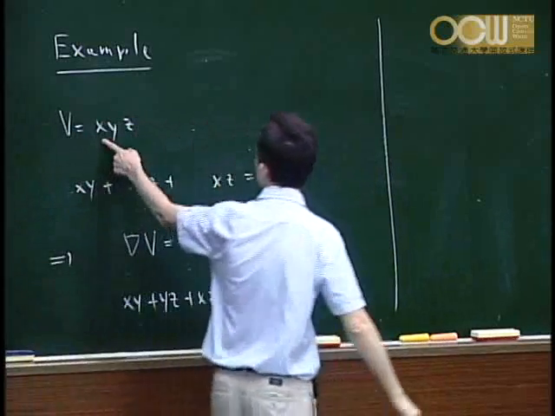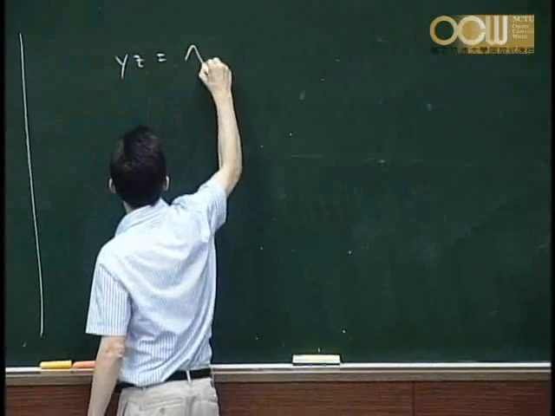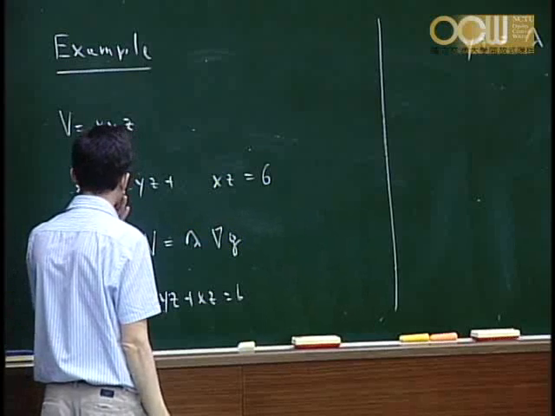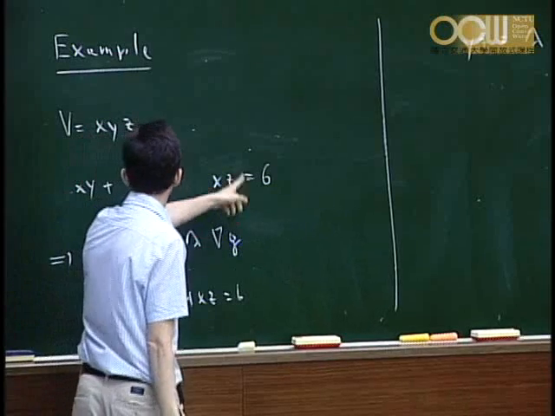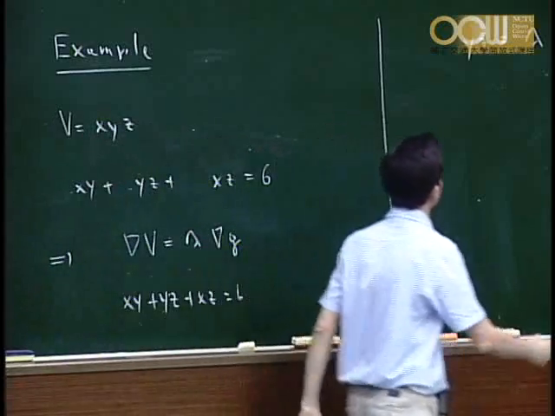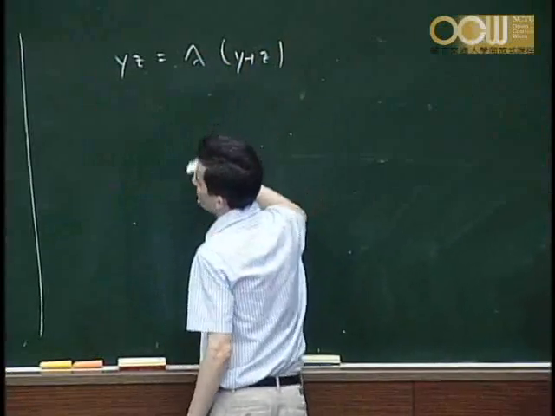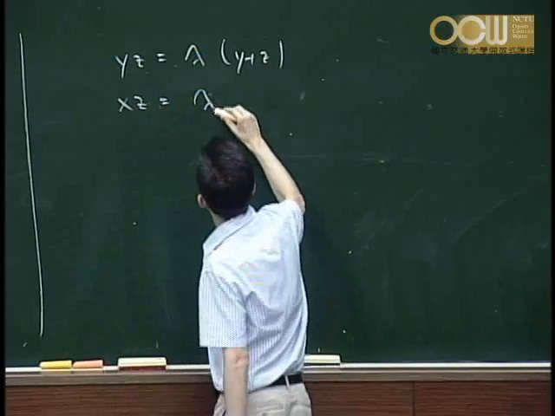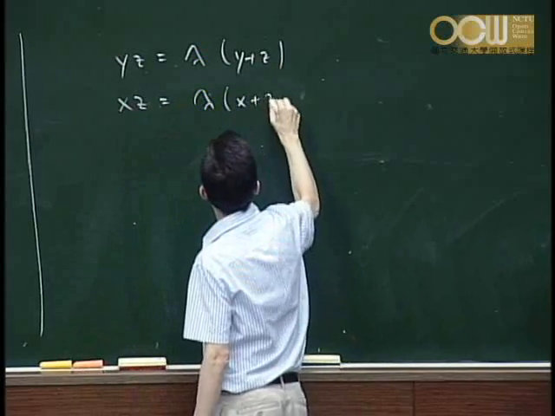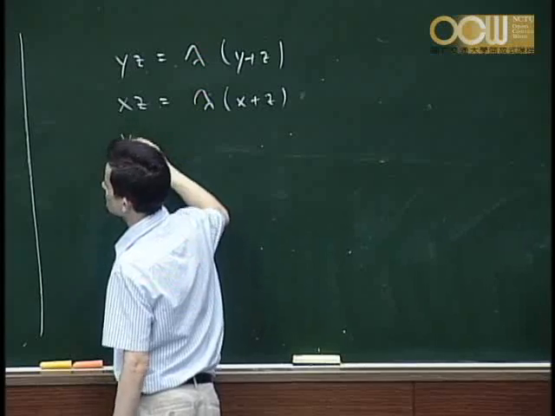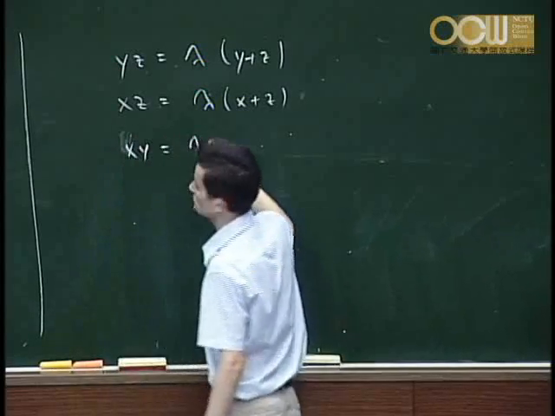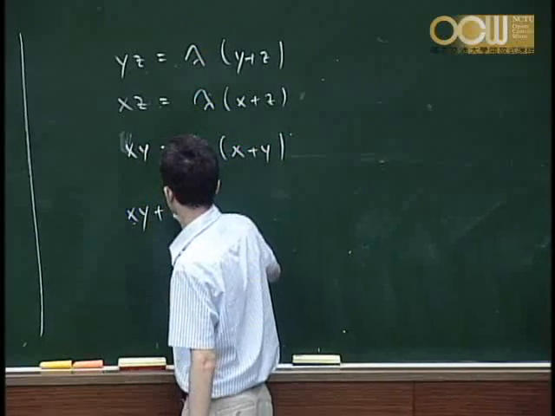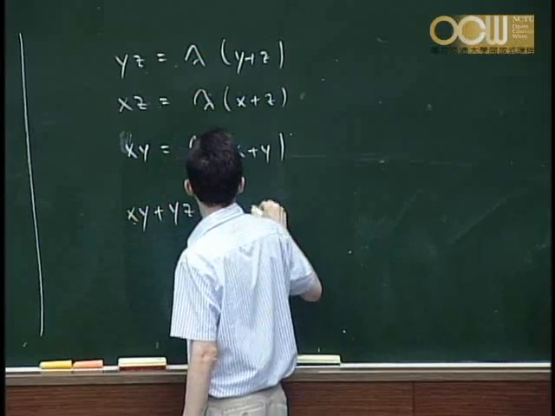First you have the partial derivative with respect to x, which is yz is equal to lambda times, and here we have to compute the partial derivative also with respect to x of this function. So what we get is y plus z. And actually, all the others are the same because of symmetry. So you have xz is equal to lambda times x plus z, and then you have xy is equal to lambda times x plus y, and then you have xy plus yz plus xz is equal to 6.